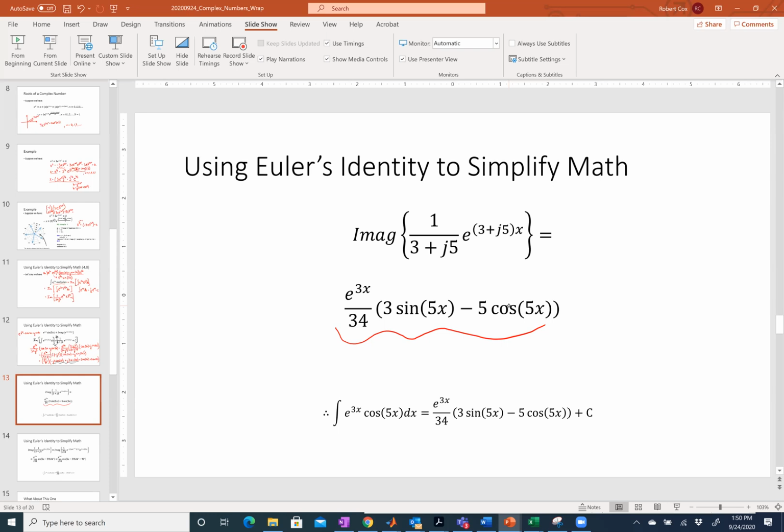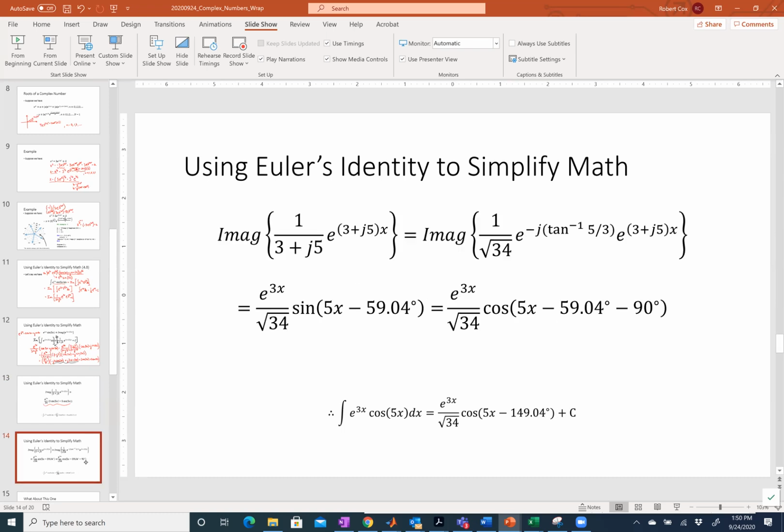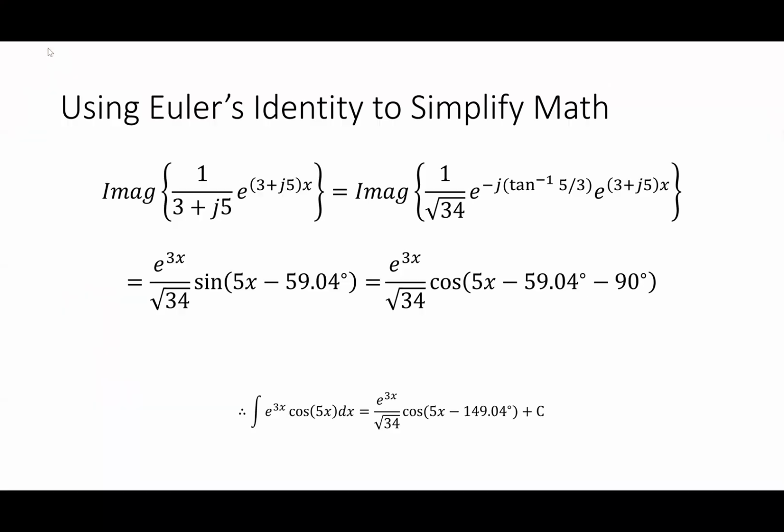All right. So the other way of looking at that, and actually the way that I think is easier, is what I did here. I'm saying, well, I have this complex number 1 over 3 plus j5.